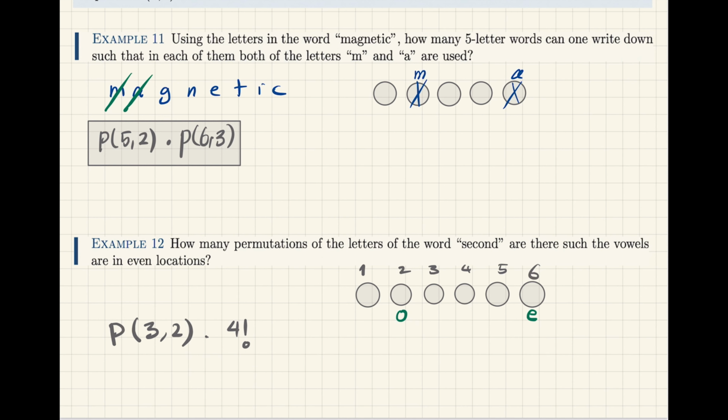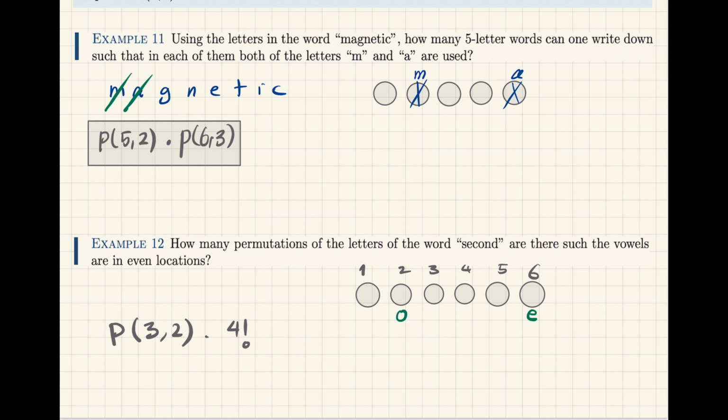And then this 4 factorial, let me just repeat it again. This number is independent of how I have done the first step. Why? Because it doesn't matter if I choose this and that for E and O. I have 4 factorial ways to do the second stage.